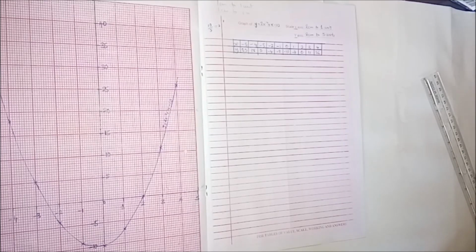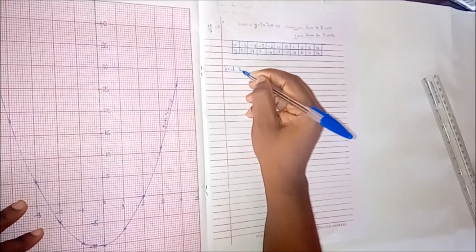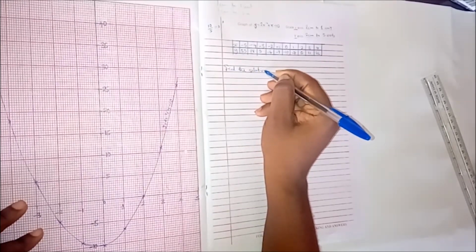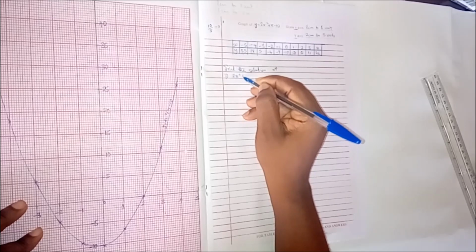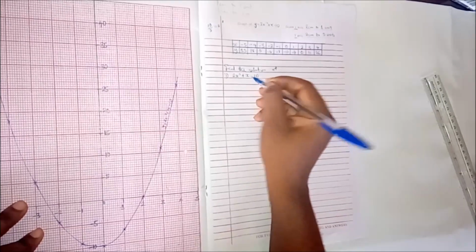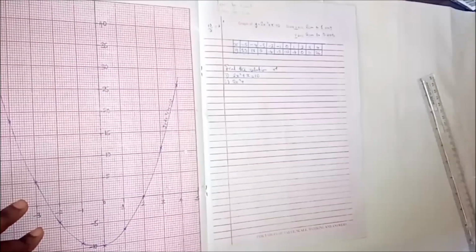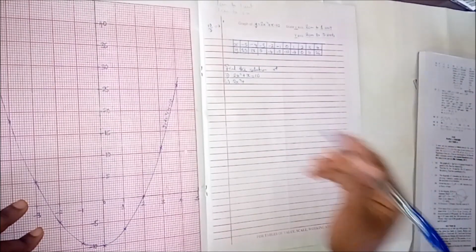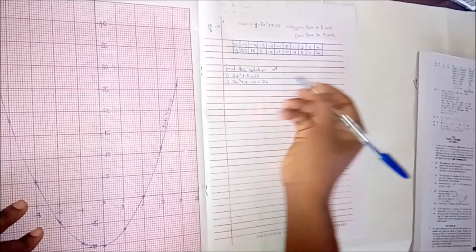Now in 11C, we have 11ABC. 11C says use the graph to find the solution of (i) 2x squared plus x minus 10 equal to 0, and (ii) 2x squared plus x minus 10 equal to 2x.